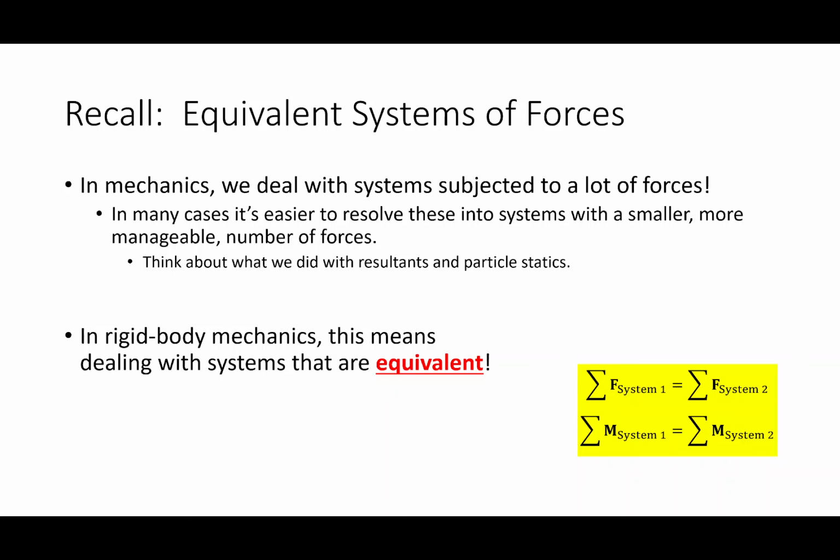Now I put here on the board a way of describing, and I don't think I've used this specific notation before, a resultant vector and a resultant moment vector. If I'm looking at forces, the resultant vector is the sum of all the force components in the x direction times i, the sum of all the force components in the y direction times j, and the sum of all the z components times k. In other words, I'm just adding up all those coefficients in front of i, j, and k, respectively.